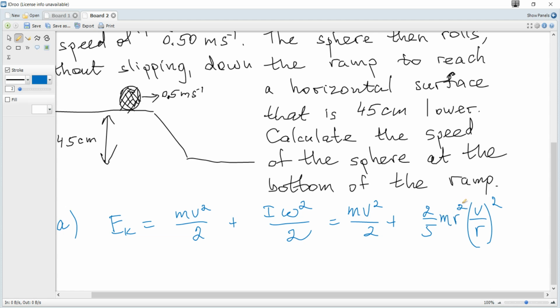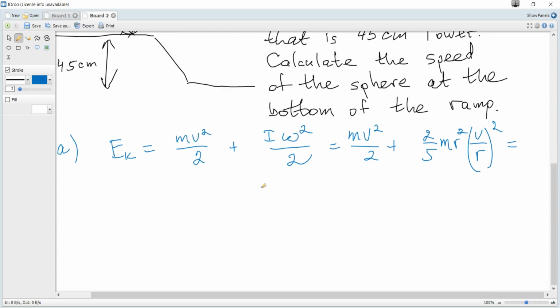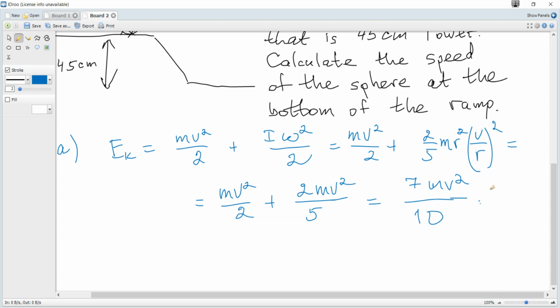You can see that r squared cancels, and we get mv squared over 2 plus 2 over 5 mv squared. With the common denominator of 10, it's 5 plus 2, so it's 7 mv squared over 10, as required.